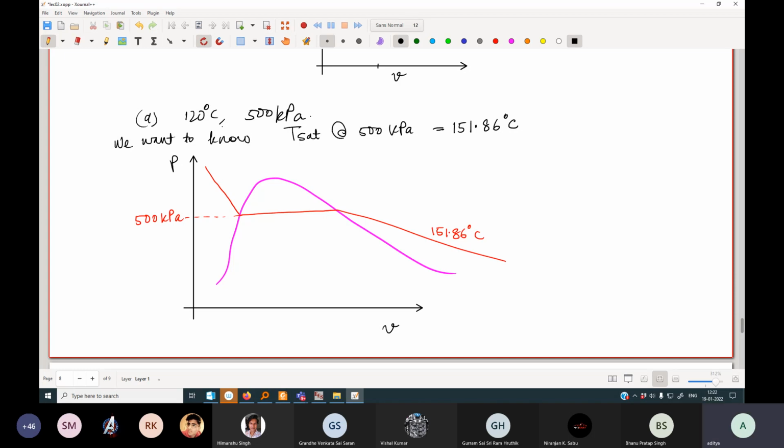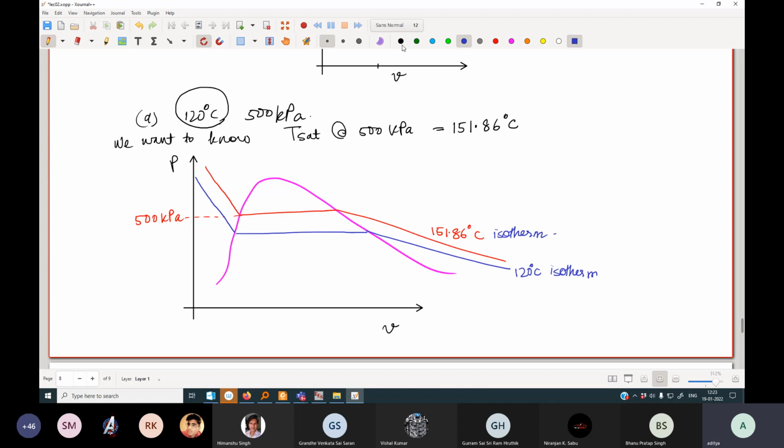So now we are bothered with 120 degrees Celsius. We would like to determine the state point when the temperature is 120 degrees Celsius. So let us draw the 120 degrees Celsius isotherm. I mean, we don't know exactly where it is, but qualitatively speaking, this is going to be the 120 degrees Celsius isotherm. This was the 151.86 degrees Celsius isotherm.